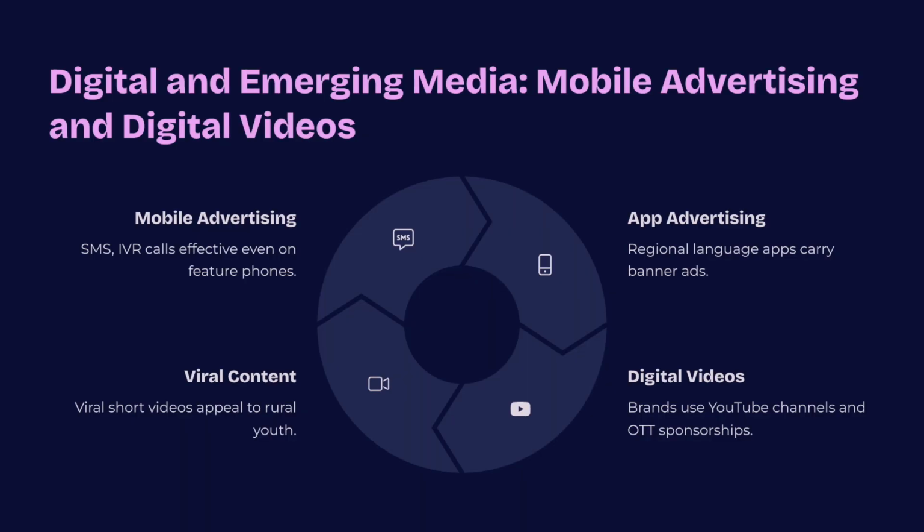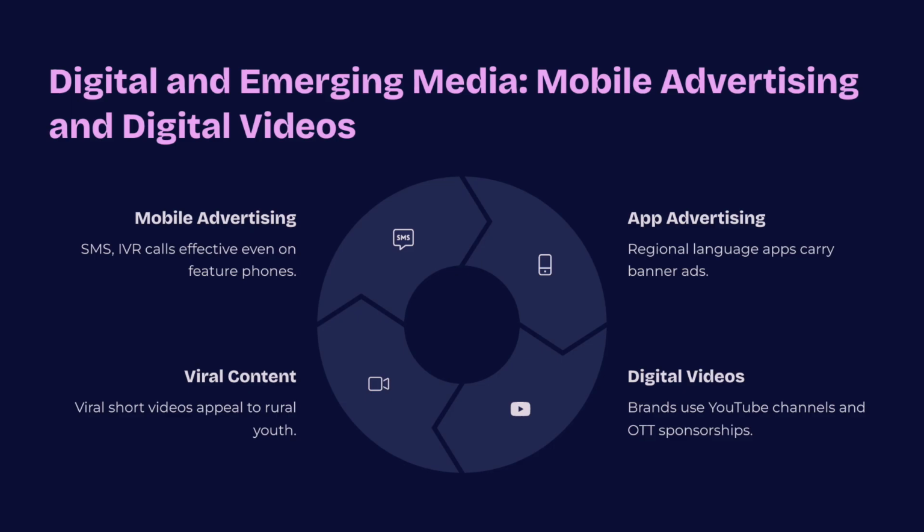With rising internet access, rural areas are consuming more digital videos and OTT, that is over the top content. Brands can strategically place advertisements on OTT platforms or even sponsor locally relevant content. For example, an agricultural tools company might sponsor a popular YouTube farming channel or produce its own instructional how-to videos.